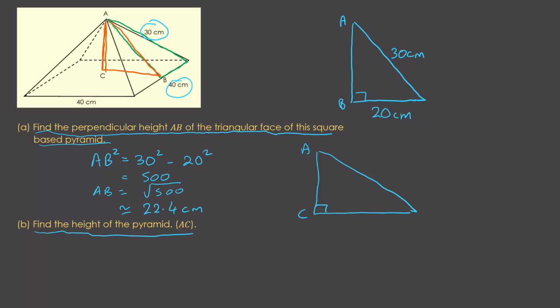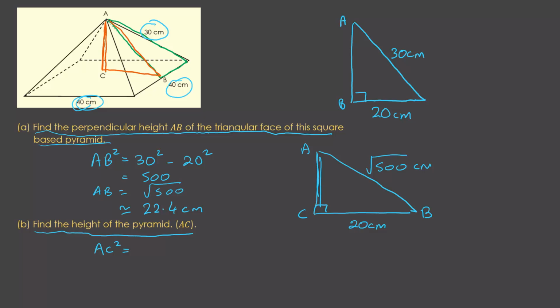So A, C, and B. And we just calculated that this is the square root of 500. We know from this length here that BC would be 20. Now this is a shorter side, but once again, we can use Pythagoras' theorem.